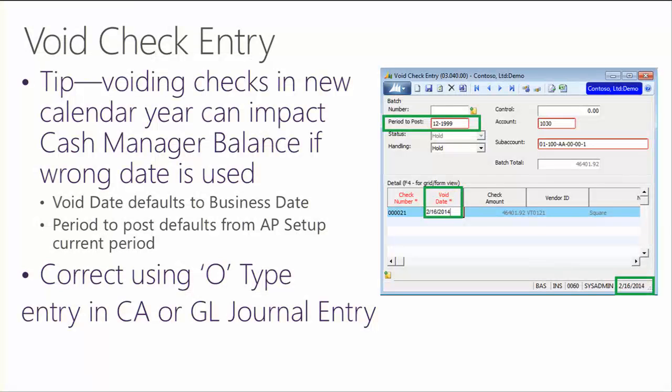If you void it with a January date and it was a December check or even earlier, it's going to still show on your December bank rec screen because it doesn't think it was voided till January. So it's just annoying. And it doesn't adjust your cash balance till January as well. So just be very careful about that.